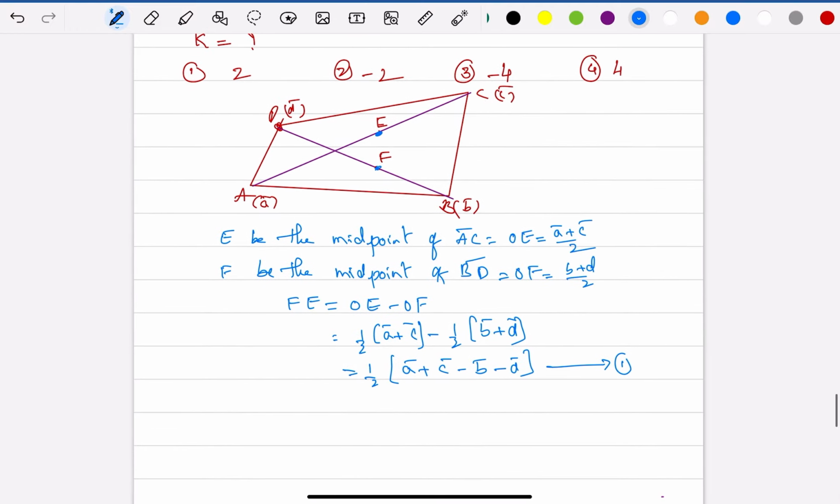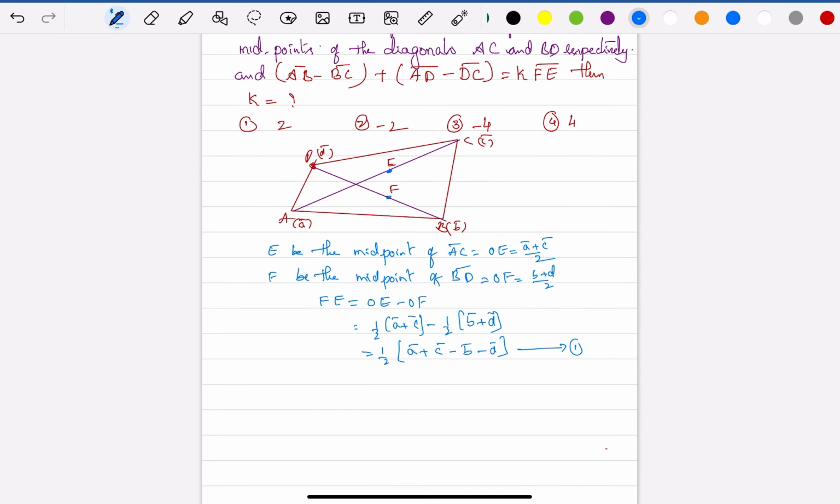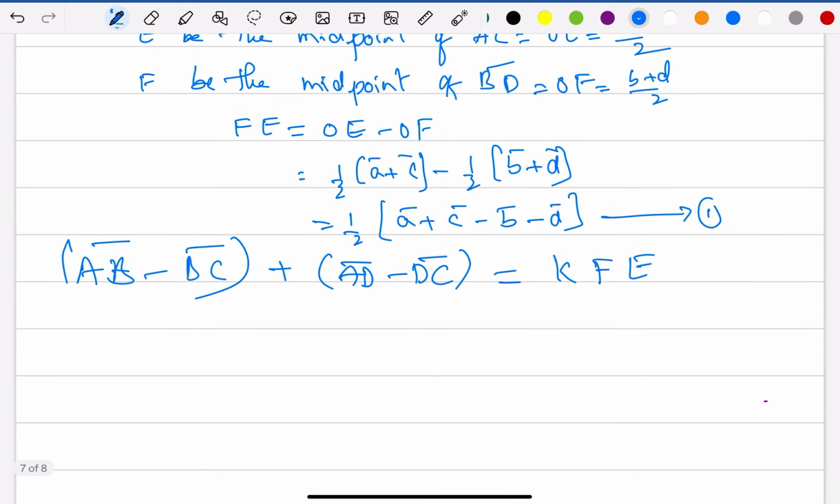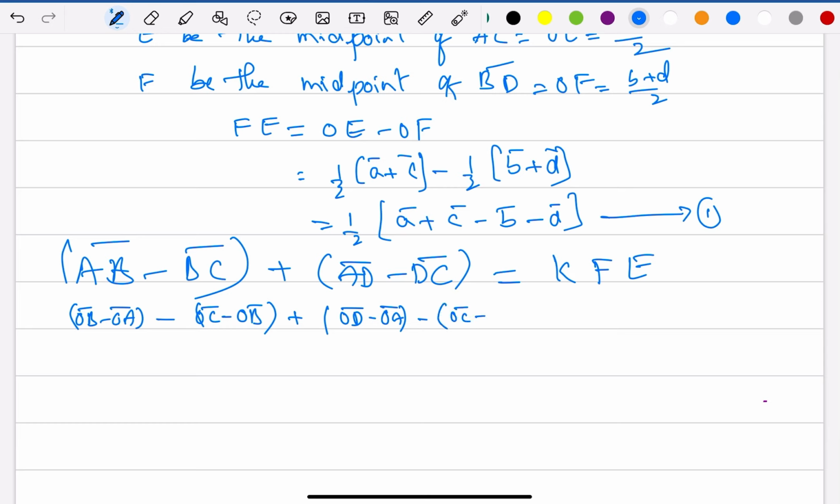Now what is our problem? The question is vector AB minus BC plus vector AD minus DC is equal to K into FE. So the position vector of AB is OB minus OA, BC is OC minus OB, plus OD minus OA vector, minus of OC minus OD vector, is equal to K into FE.